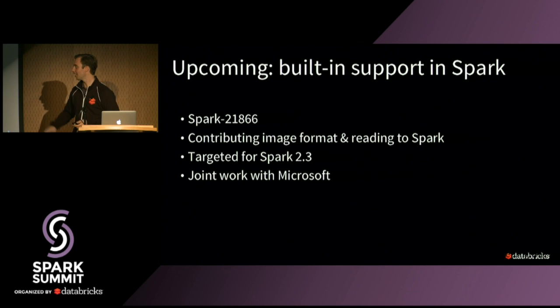Also, I'm happy to announce that in collaboration with Microsoft, we're going to incorporate this image support directly inside Spark. So then you won't need an extra plugin to load images inside Spark. We're targeting the support for Spark 2.3.